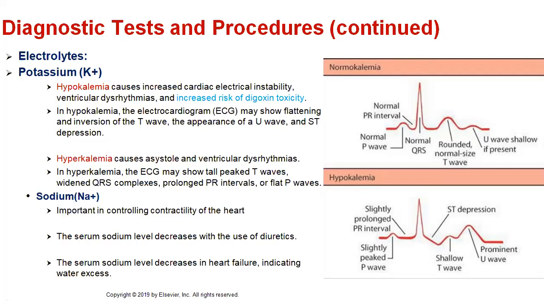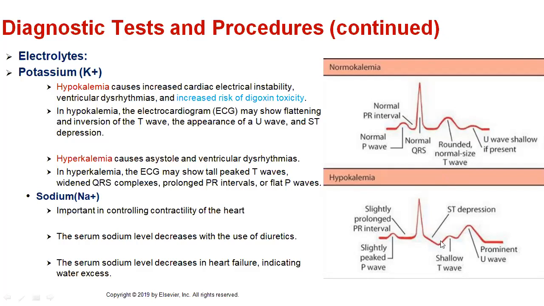If the patient develops hypokalemia, just give a look. The T wave is normally a positive deflection, but here you can see a shallow T wave, or the T wave is almost flattening. Then the ST segment, here is the QRS segment, and this is the ST segment.